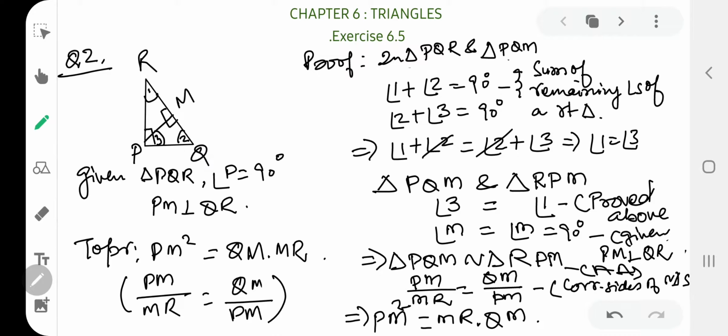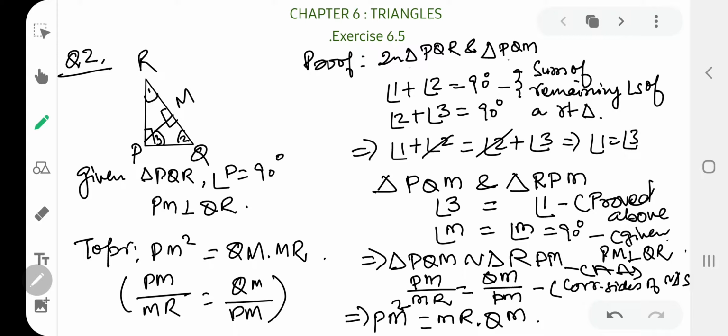And the other triangle should be having side MR and PM. So MR and PM. That means you need to prove these two triangles similar, PMQ and PMR. That means these two small triangles we need to prove similar in this question.